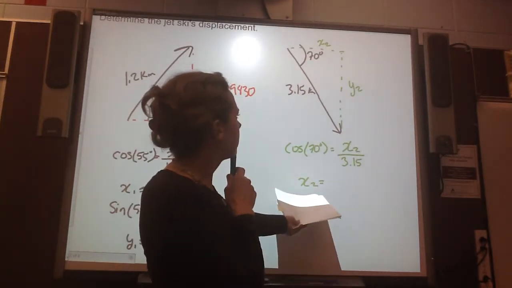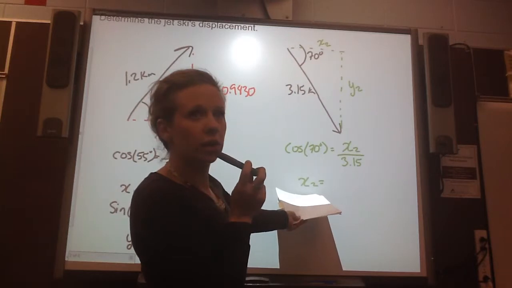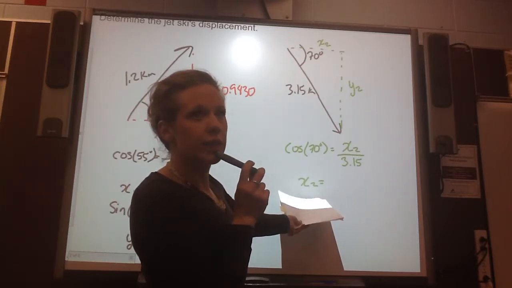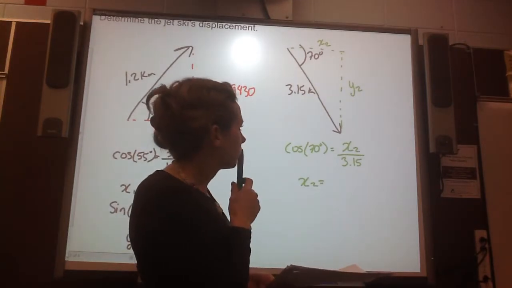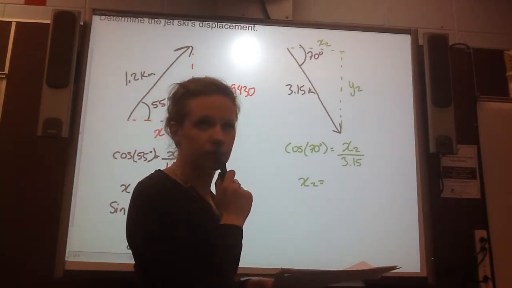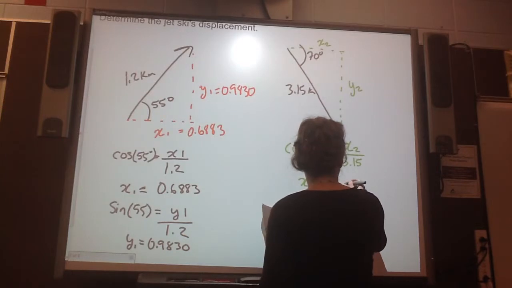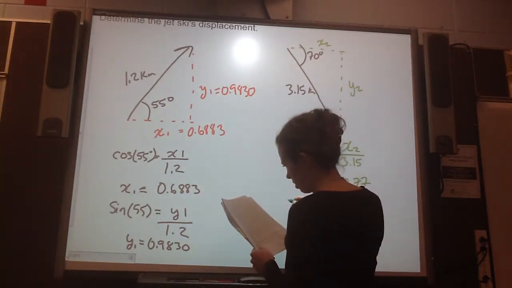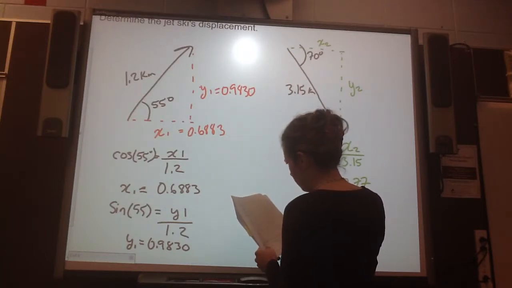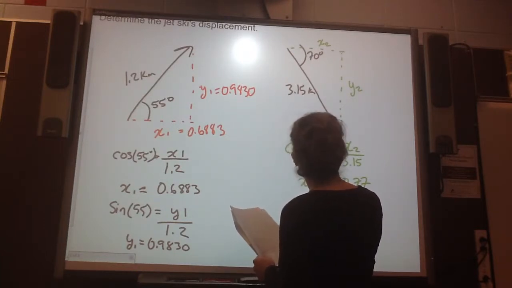Can someone tell me what is the x? I don't have my calculator for the second triangle. 1.07736. Thank you.